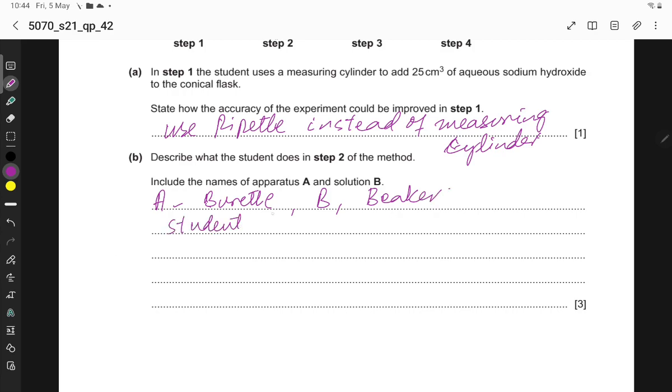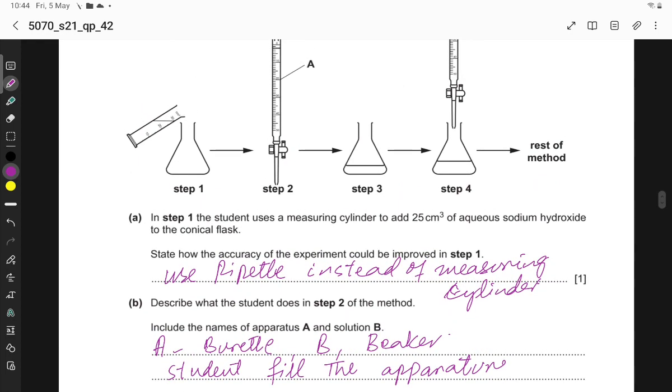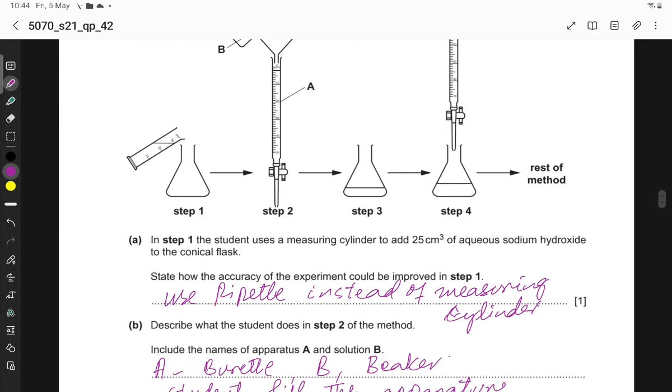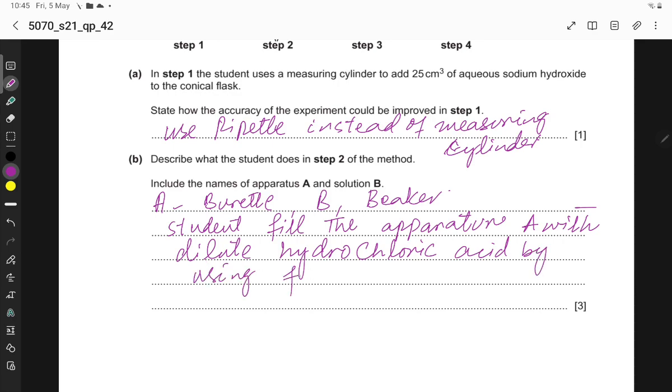The student fills the apparatus A with dilute hydrochloric acid by using a funnel from the beaker.